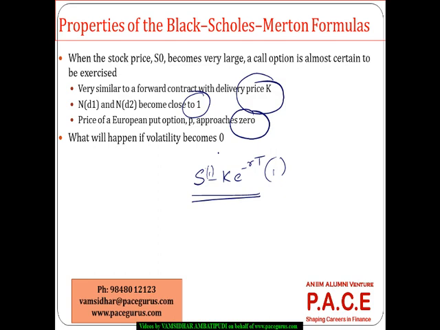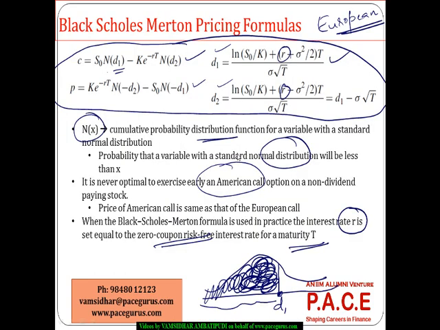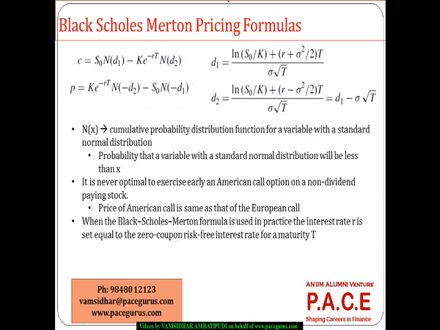And if the volatility is 0, now let's look at this formula. Let me assume sigma is 0. What is happening? d1 is log(S0/K) plus rT, divided by sigma root T, and now sigma is 0.